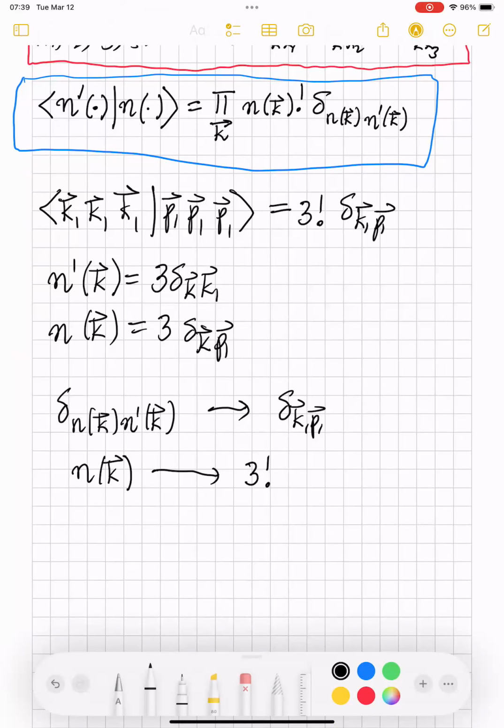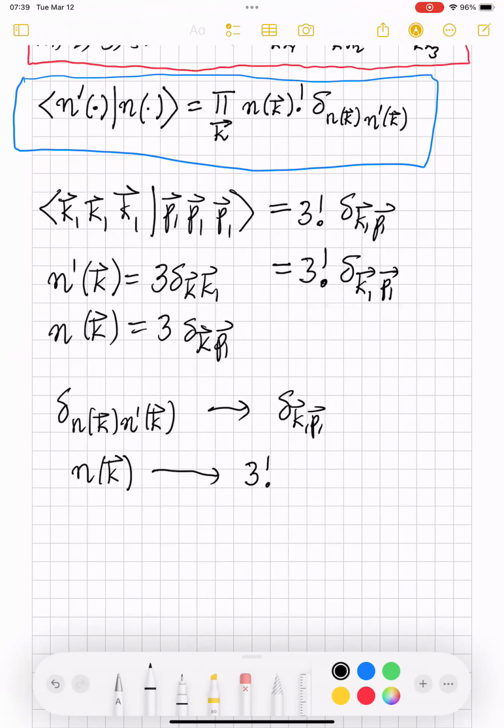So our occupation number representation, after we've taken the product of all of the k's, indeed gives us a 3 factorial from this n of k factorial. But for most of the k's, it was just naught factorial, which is just a 1 in the product, which has disappeared. But for one special point, n of k was 3, and that gave us a 3 factorial. And then the two states are only the same if the state in the bra, which is a momentum k1 state, is the same as the state in the ket, which is a momentum p1 state.